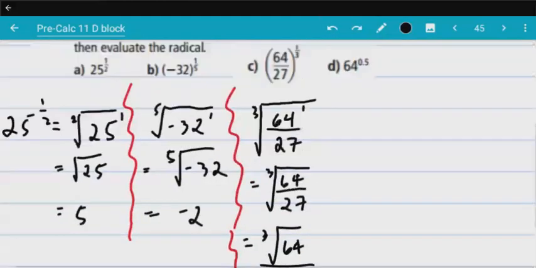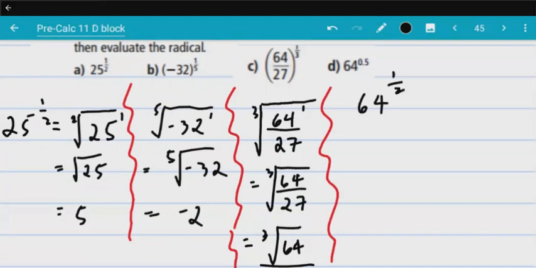Next one. 64 to the 0.5. Well, remember the 0.5 is the same as 1/2. So you can rewrite it like this, and now you are ready to turn it into a radical wherein the base is 64.